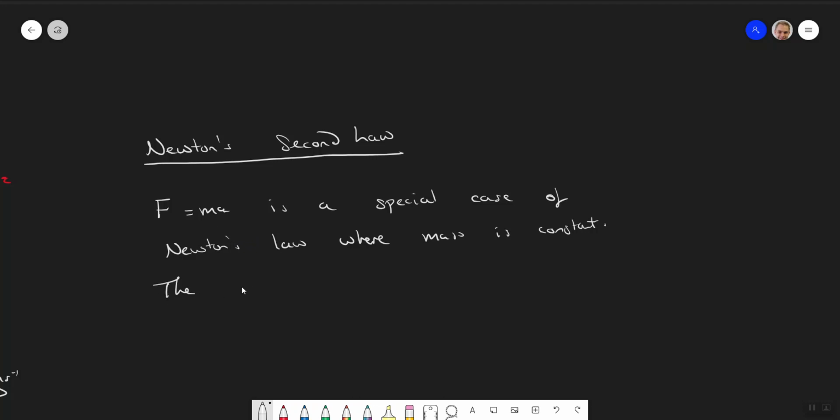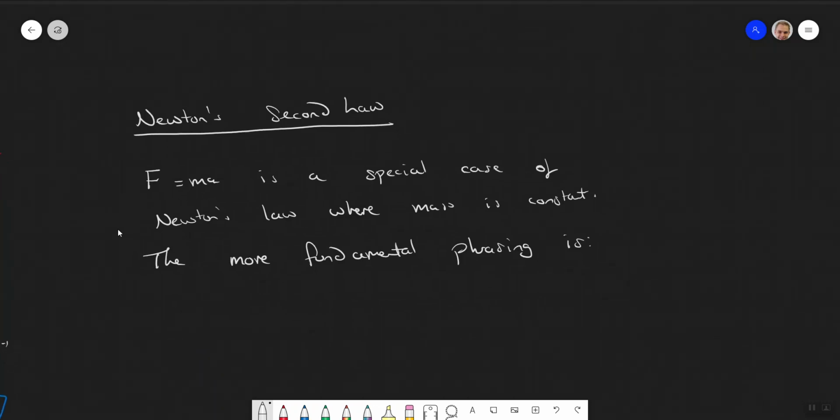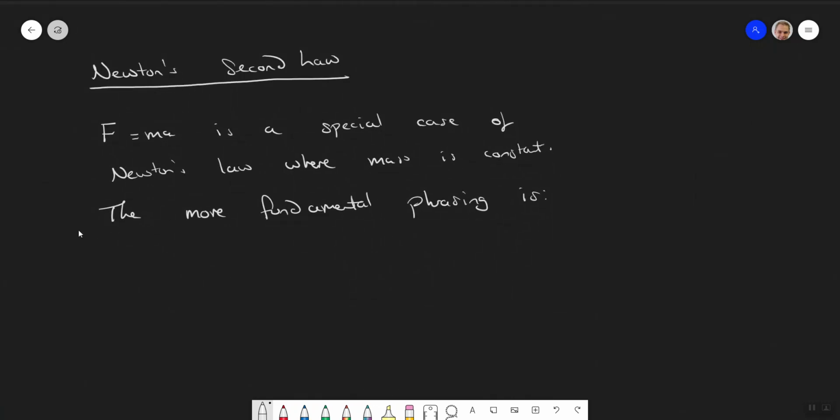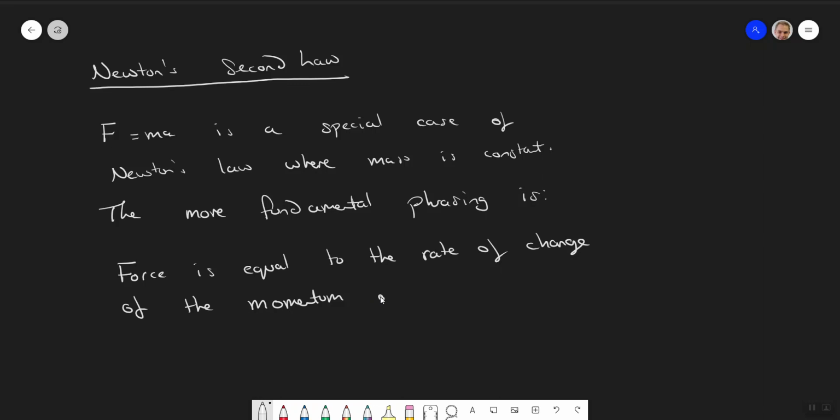The more fundamental phrasing is that force is equal to the rate of change of the momentum of an object.